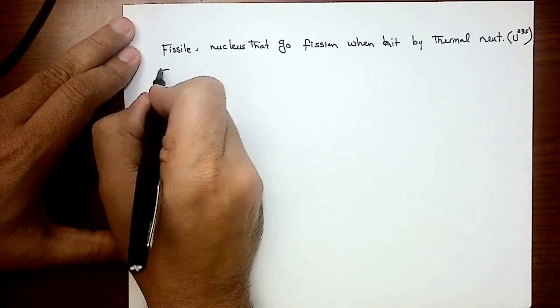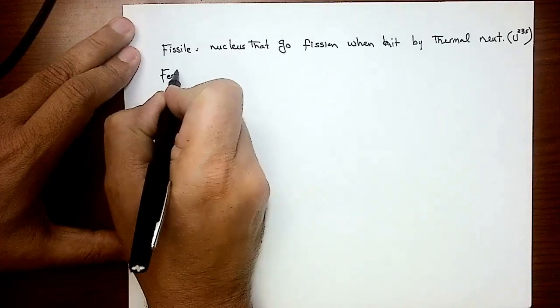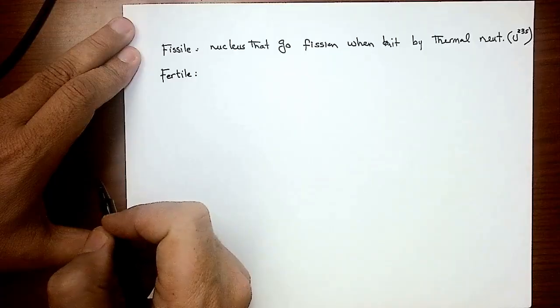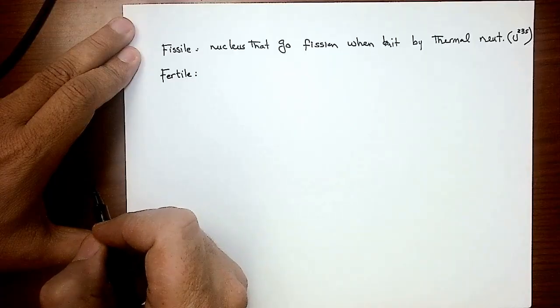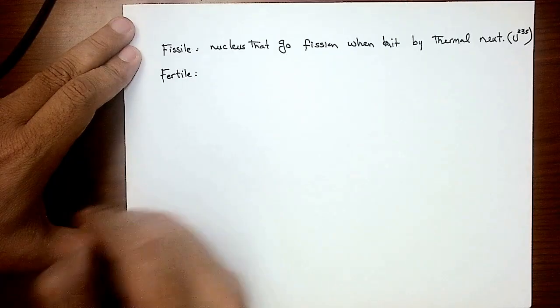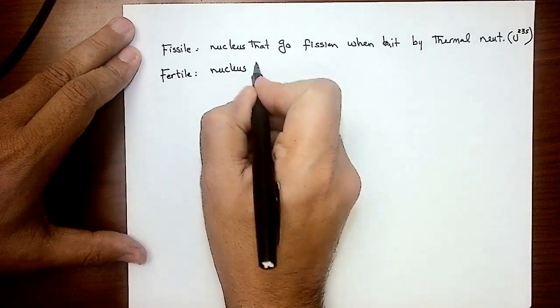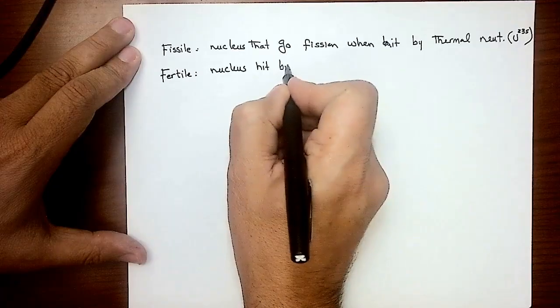The second one is called fertile. What's a fertile nucleus? This is a nucleus that absorbs a neutron, but it doesn't go into fission. So this is a nucleus hit by a neutron.